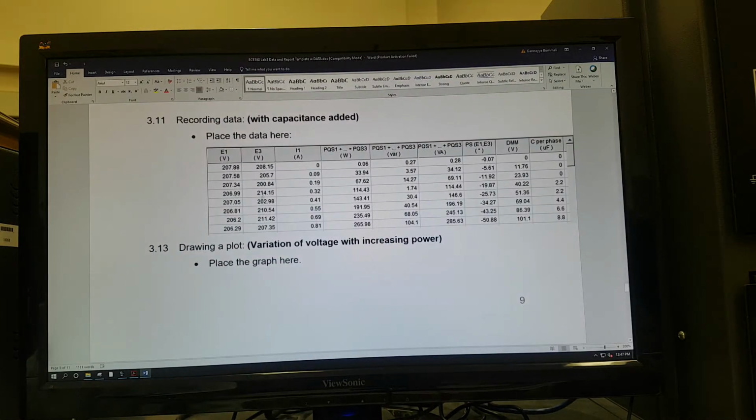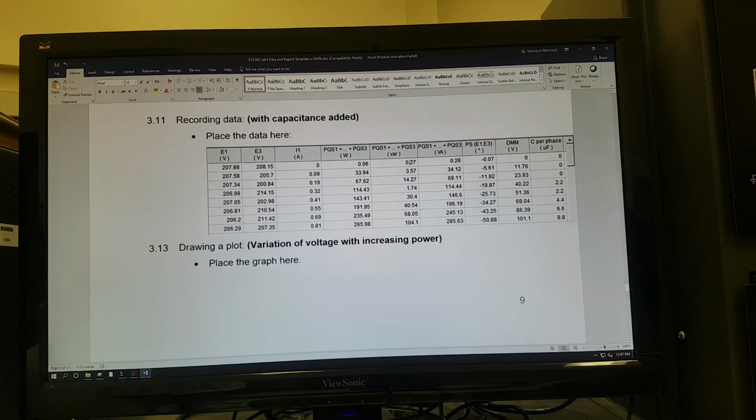But the variation here is very small. This is only possible by adding the capacitance. In some instances the capacitance was not needed because the load is light.